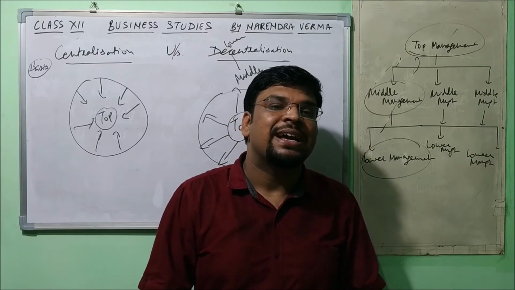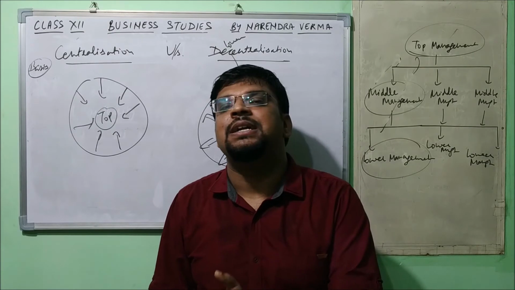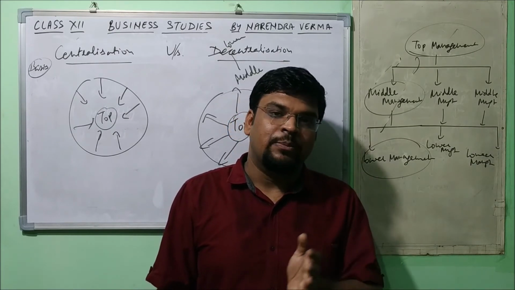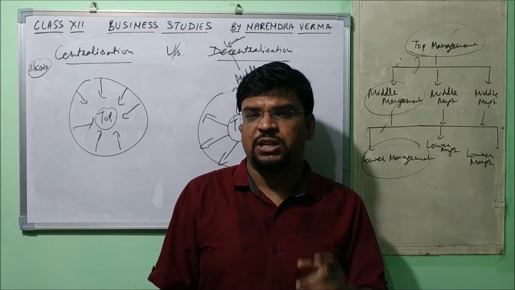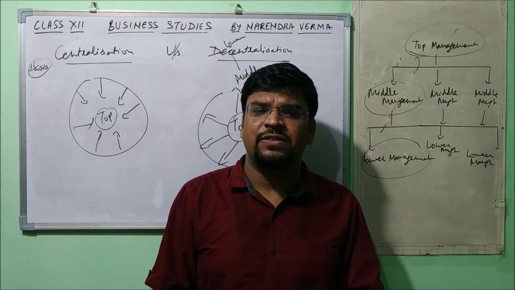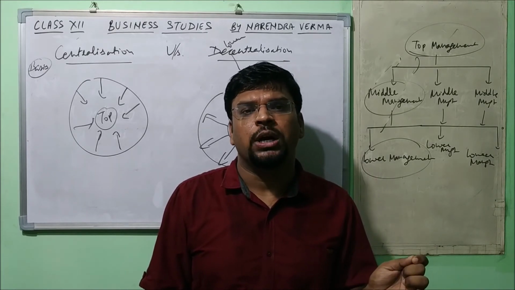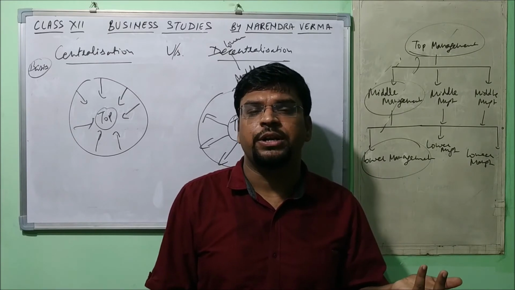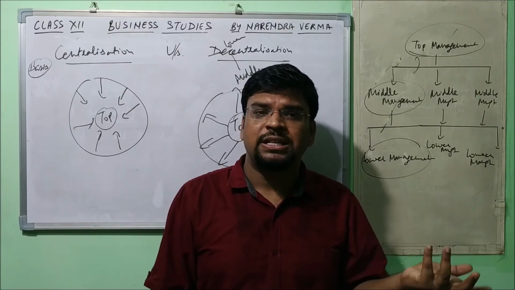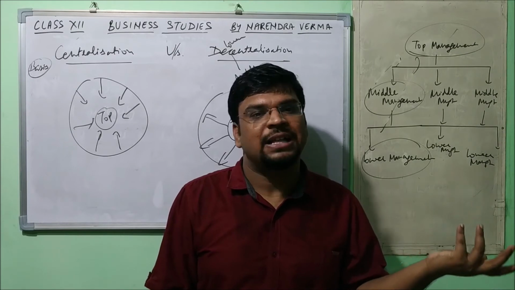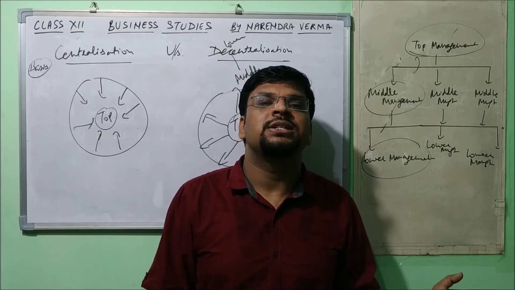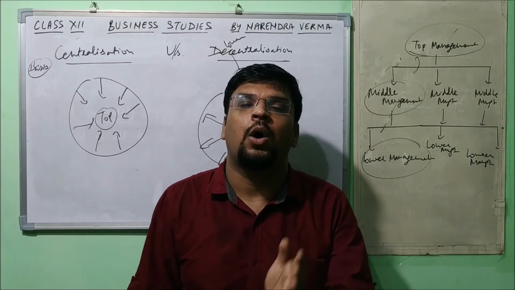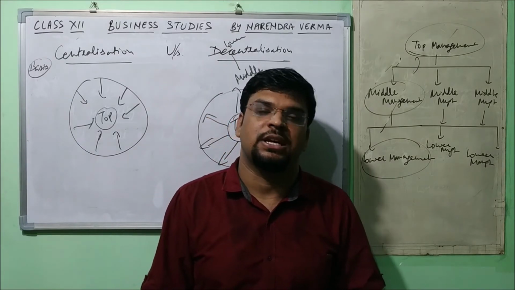That is why complete centralization and complete decentralization are not suggested in big organizations. In a small organization where a single person is the owner and does not need any subordinate, centralization is successful. Otherwise, in no organization is complete centralization or complete decentralization suggested.